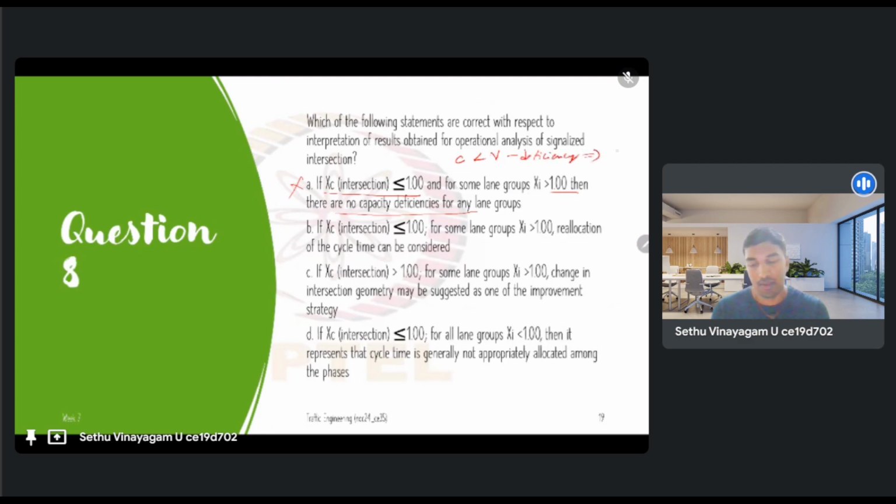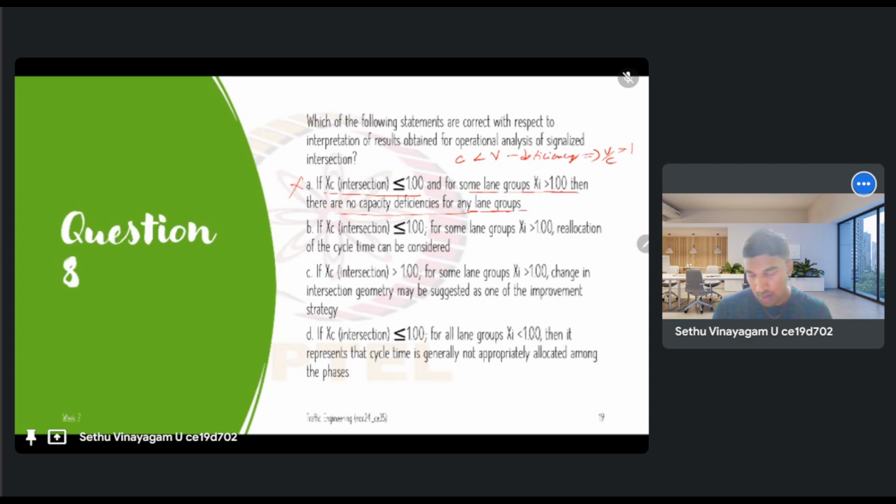So this implies v by c is greater than 1, so v is greater than c. Because we have some lane group where Xi is greater than 1, for that lane group v is greater than c, which means there is a capacity deficiency for that lane group. But the statement says it is not present for any lane group. Therefore, the first option is incorrect.